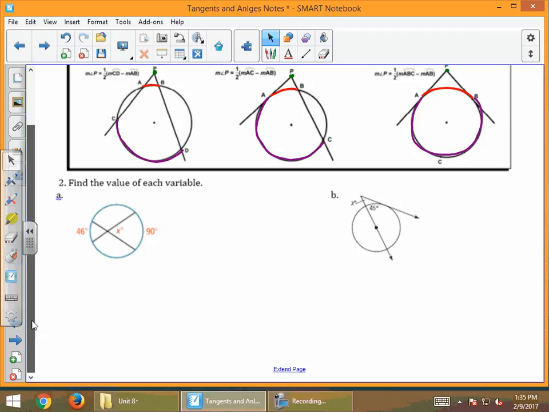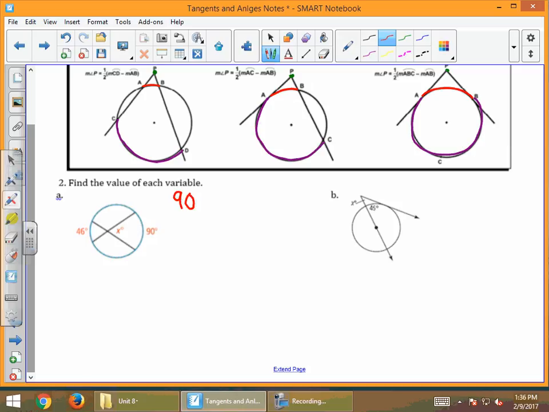Number A, intersection inside or outside? Inside. The intersection is right there in the middle. So are we going to add these arcs or subtract them? Add them. What we want to get in the habit of is to put the larger one first. Well, which one's larger, 90 or 46? 90 is. So we're going to do 90.